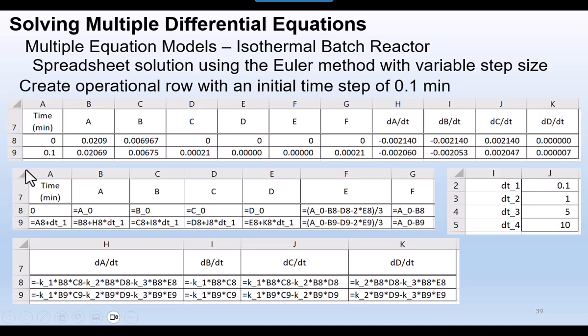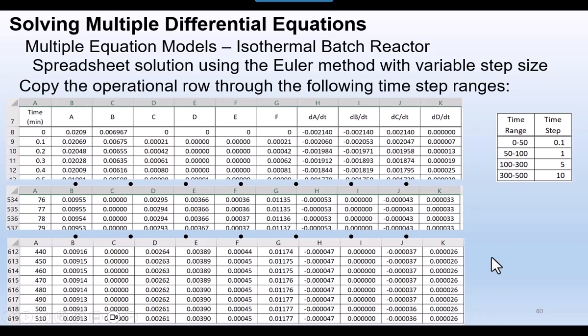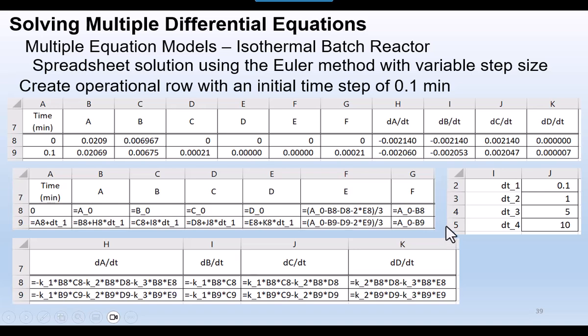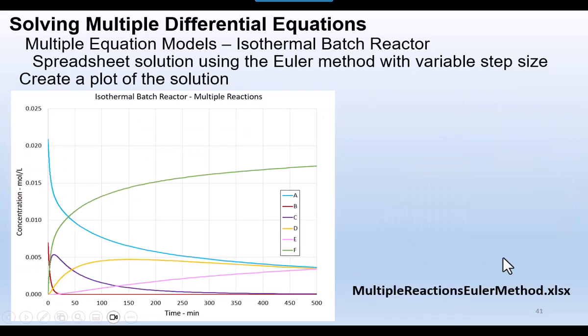In this particular case, for the Euler method, I used the DT1 symbol instead, and that means that I then have to carefully change that to DT2 when I make that transition, but it still works. And we've got our differential equations, and here we've got the stoichiometric relationships. We did that. And then this is the full solution that we have. And this is the chart that we discussed, which is available in that particular workbook. Okay?